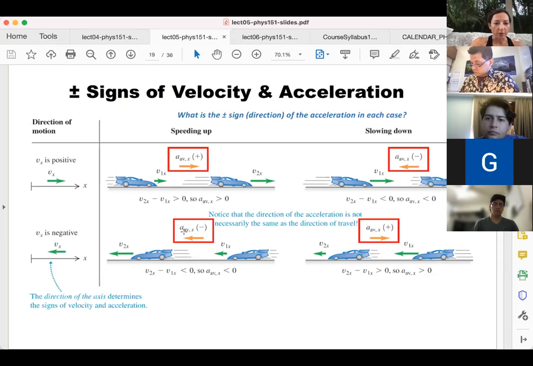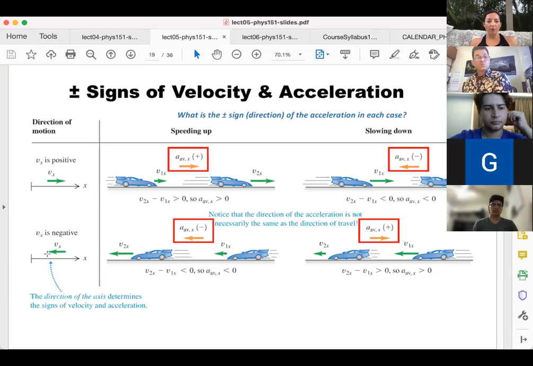So here, because the velocity increased, the acceleration in this case is going to be negative, the same sign as the velocity. In this other case, instead, we see that the velocity is negative because we are going towards the left, towards the negative side of the displacement on the x-axis.